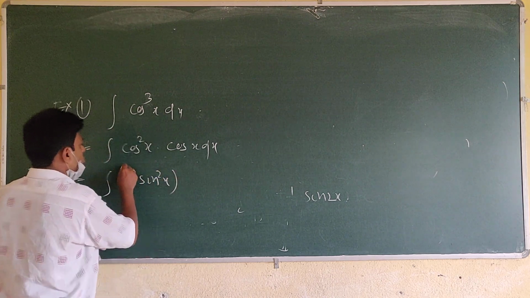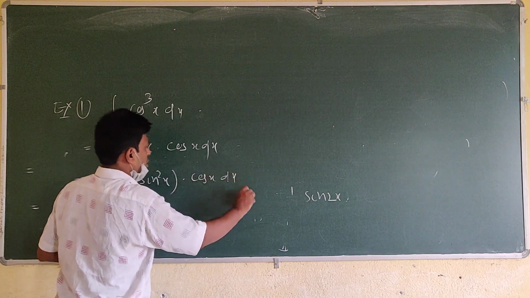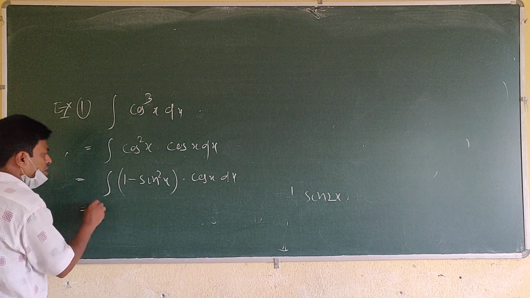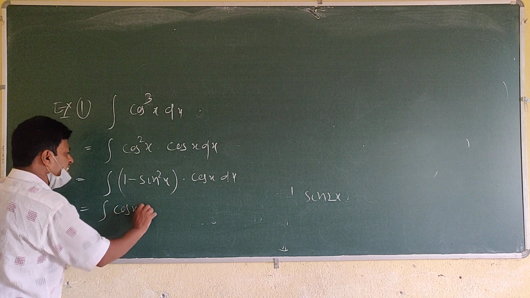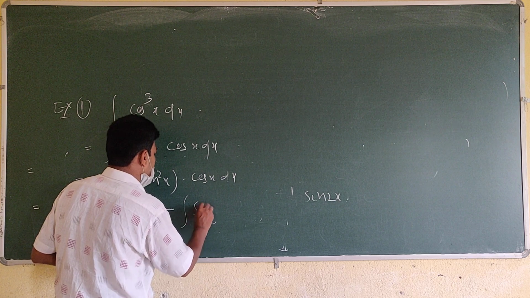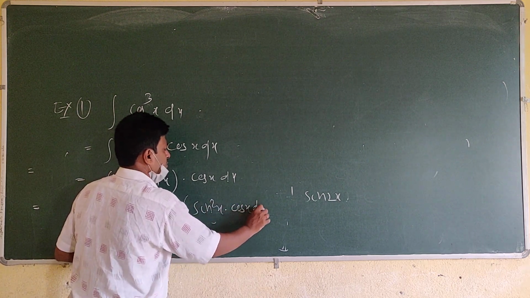So 1 minus sin square x into cos x dx. Multiply cos x inside the bracket, so that becomes 1 into cos x, that is cos x dx, minus the integration of sin square x into cos x dx.